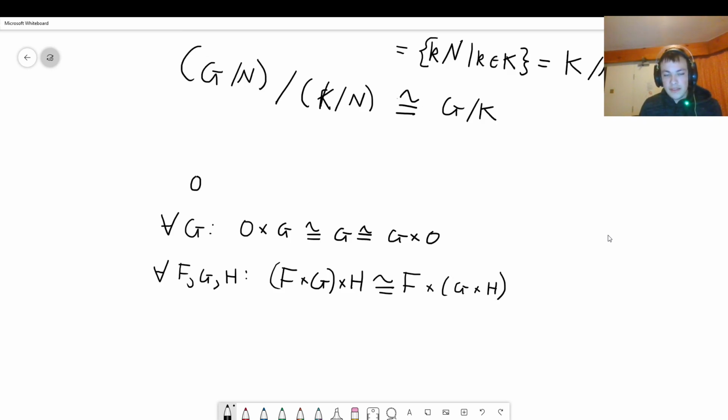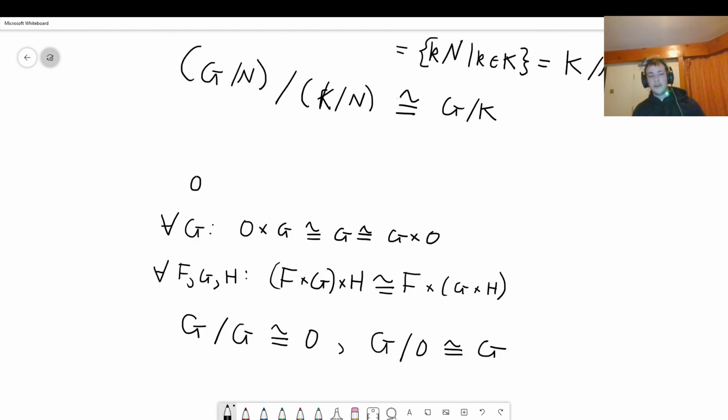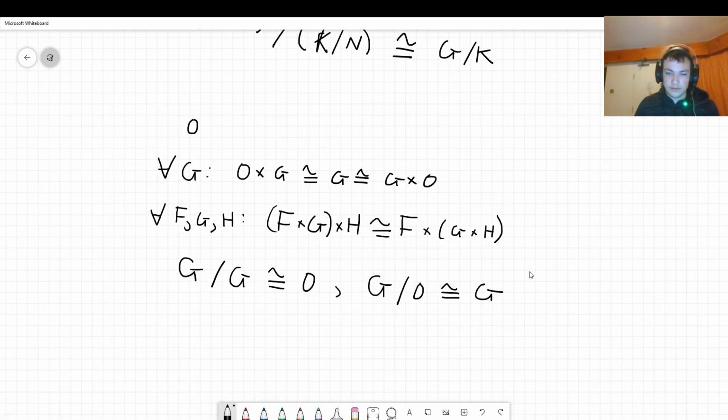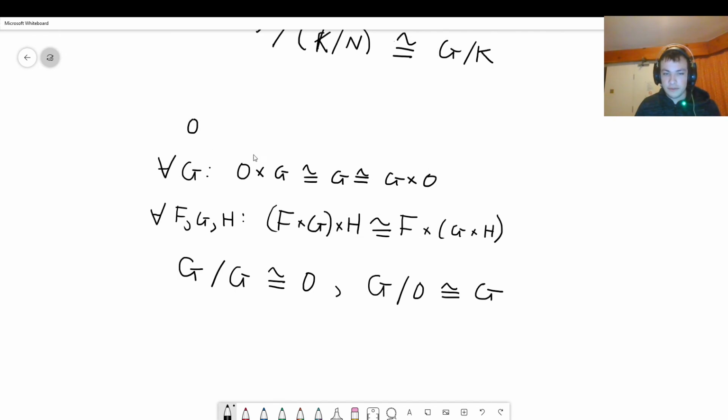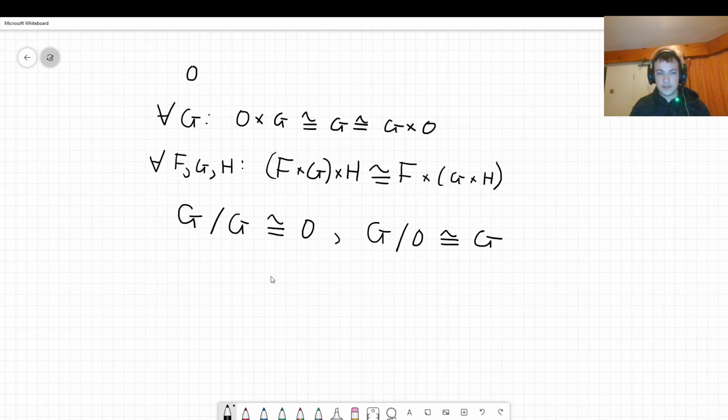Then G quotient G is always isomorphic to 0, and G quotienting out the 0 subgroup is always isomorphic to G itself. So basically groups themselves almost form a sort of group. We've got an associative property, an identity element, and divisibility when we have normal subgroups. Which is an interesting thought.